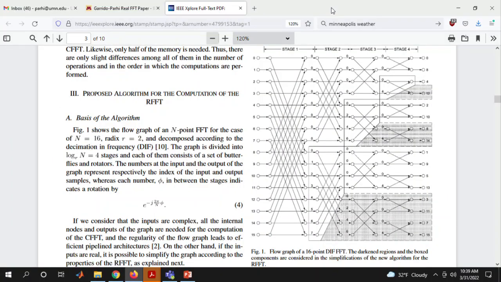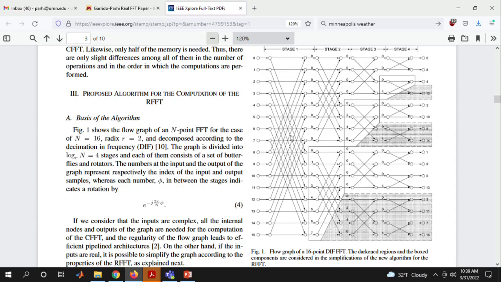So the signals marked 0 through 15 on the left side are real signals, and the real FFT satisfies conjugate symmetry. What does conjugate symmetry mean? That means xk is the conjugate of xn minus k.